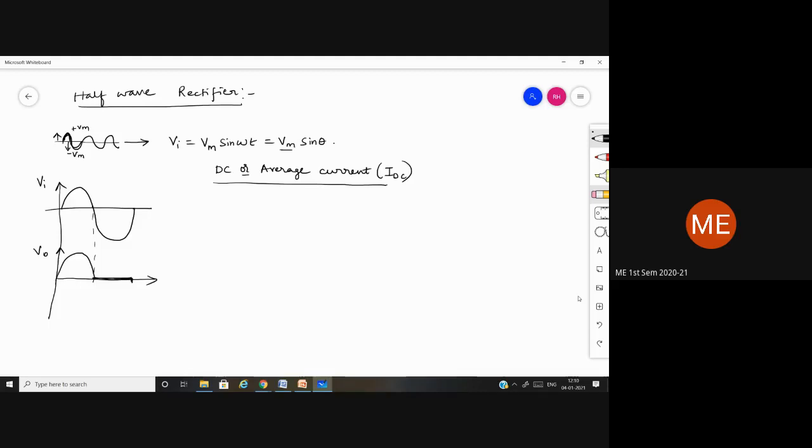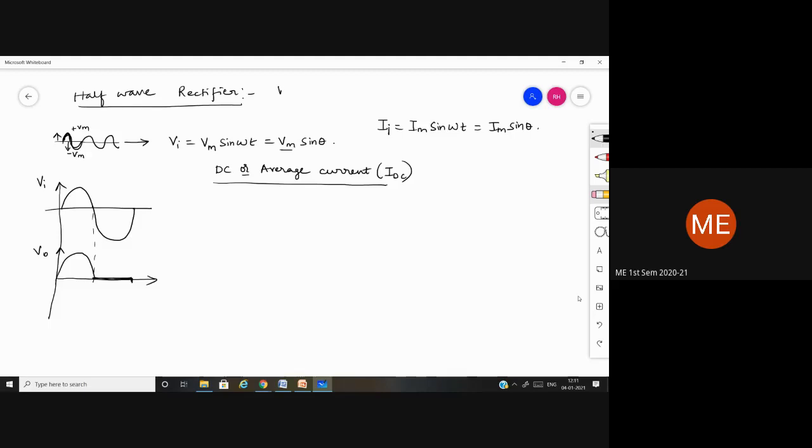Before this, I had written Vi is equal to Vm sin omega t. In the same way, if you want to represent this signal in terms of current, you can write Ii is equal to Im sin omega t, or Im sin theta. Both voltage and current can be represented in mathematical form like this.